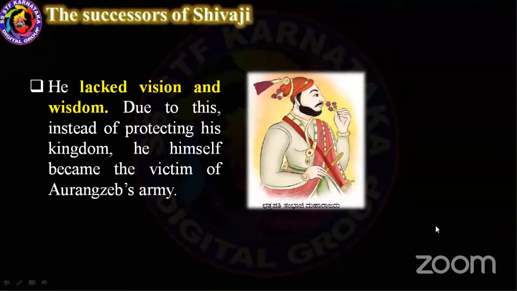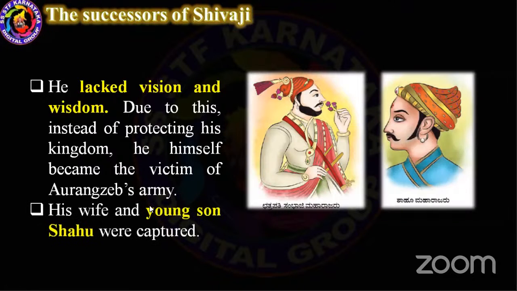He was not clever and intelligent, because of that he fell into the trap of Aurangzeb's army and was defeated. His wife and young son Sahu were captured due to his misadministration.